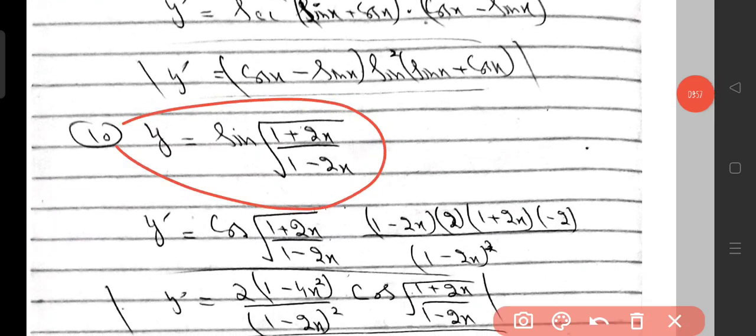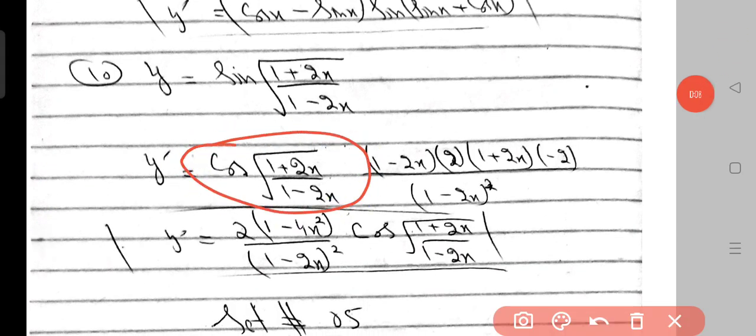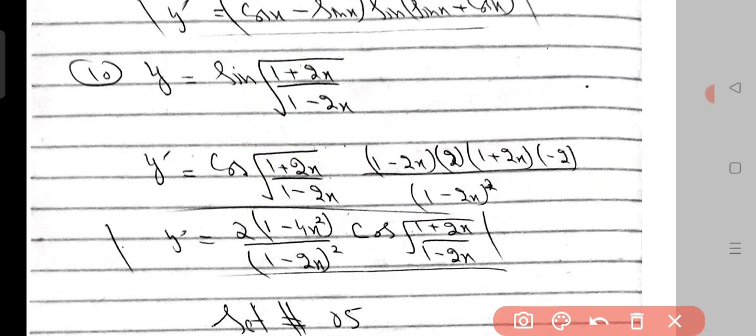y is equal to sine under root 1 plus 2x divided by 1 minus 2x. So first of all, write the derivative of sine, which is cos under root 1 plus 2x divided by 1 minus 2x, and then apply the division rule on this thing, which is 1 plus 2x over 1 minus 2x.